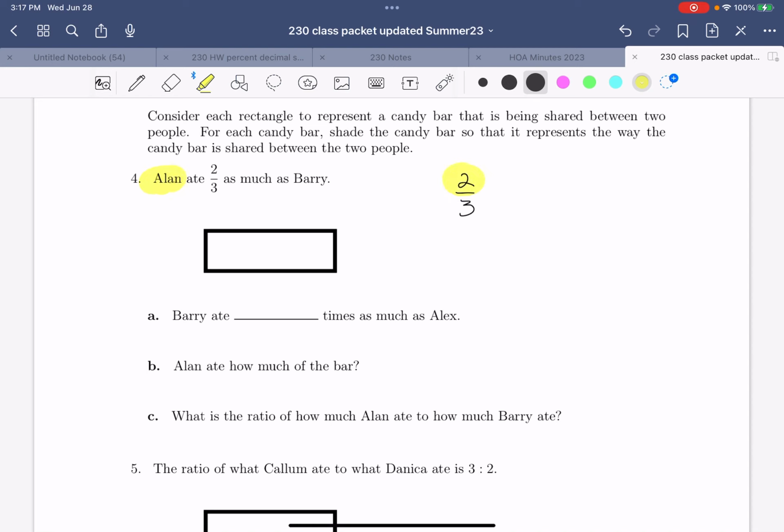So Alan is going to be my 2 and Barry is going to be my 3. If Alan has 2 and Barry has 3, then my piece has 5 total pieces to it. So I'm going to divide this into 5 sections, and then 2 of them belong to Alan and 3 of them belong to Barry. From there, I can go ahead and answer my questions. Okay, so that's when you're using the as much as language comparing 2 people.